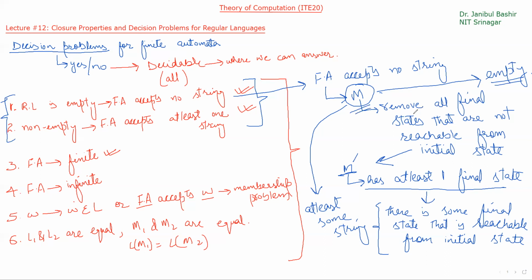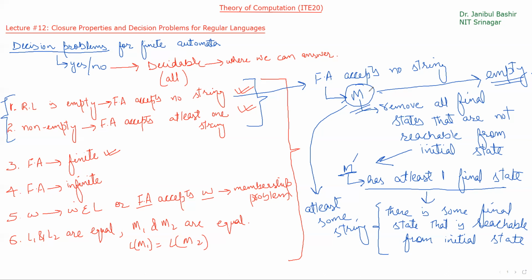And what is the algorithm? First, remove all final states that are not reachable from initial state. So remove all those final states where there is no path from the initial state to the final state. And at the end, we will get a new automata. If there is some final state in that new automata, then the language of the original automata, this M, is not empty.